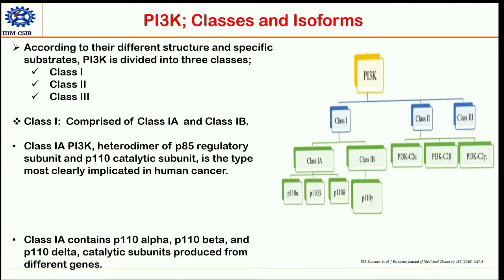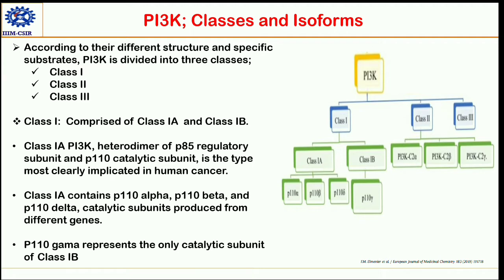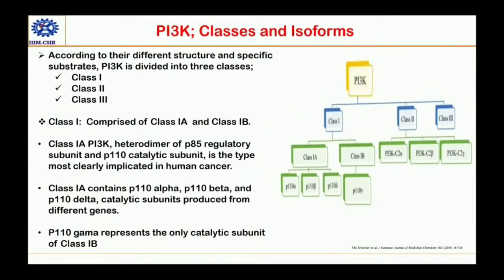The catalytic subunit of class 1A has three different isoforms, which are P110 alpha, beta, and delta catalytic subunits produced from different genes. P110 gamma represents the only catalytic subunit of class 1B. Class 1A enzymes can be activated through tyrosine kinase coupled receptors, while class 1B are activated through G protein coupled receptors.